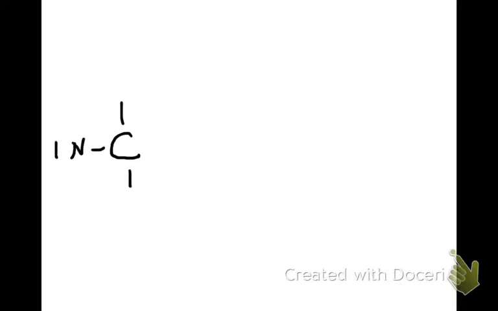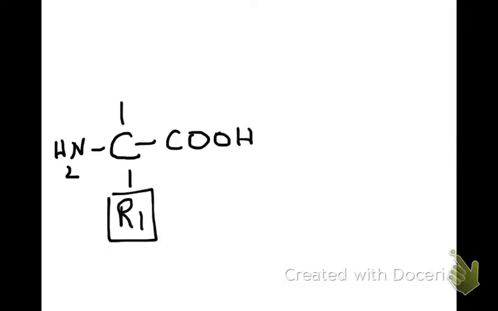I am calling this the NH2 here, and I am calling this the COOH here, and I am calling this R1 because this is my amino acid 1 and this is my H. I'm going to just put the H separately in order for us to understand this.